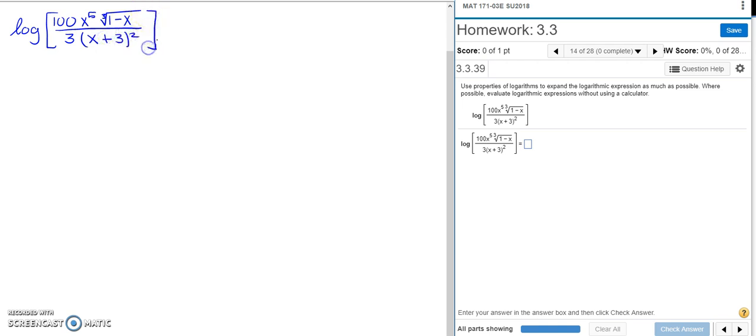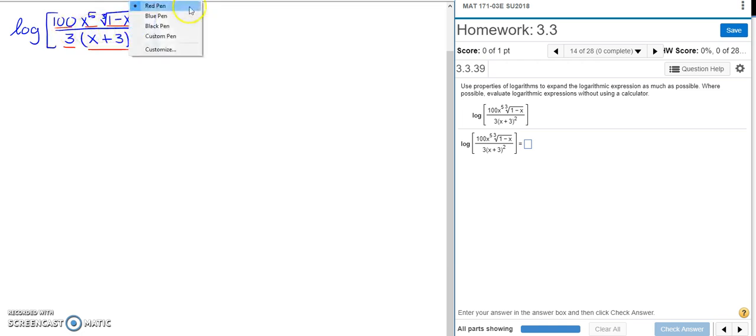Okay, so each factor of this is going to basically have its own logarithm. So we'll have each of these in a separate logarithm, okay? So first I'm going to separate the fraction.